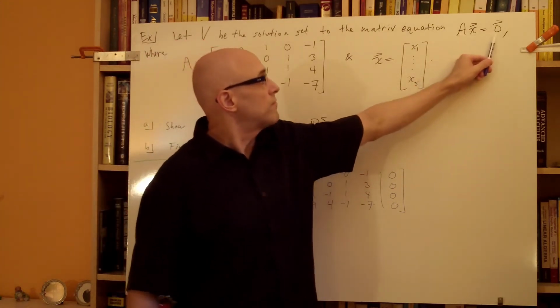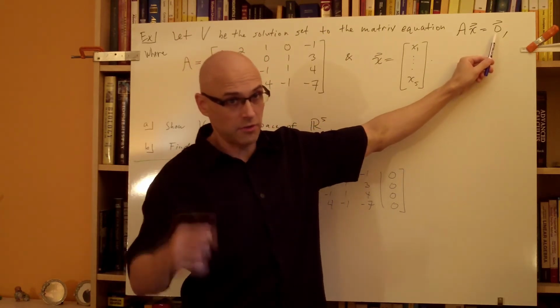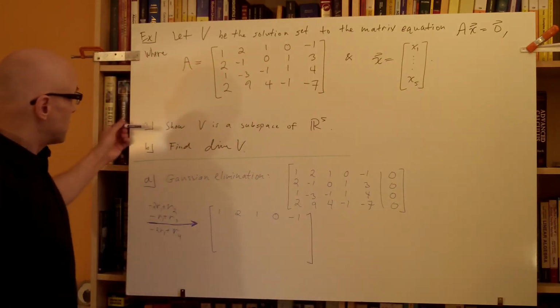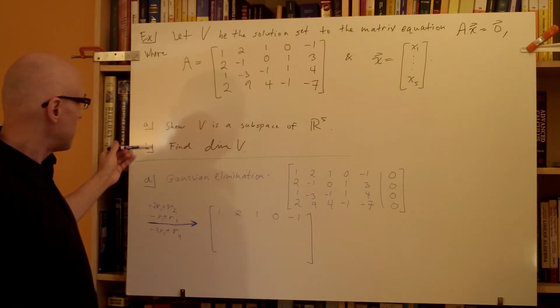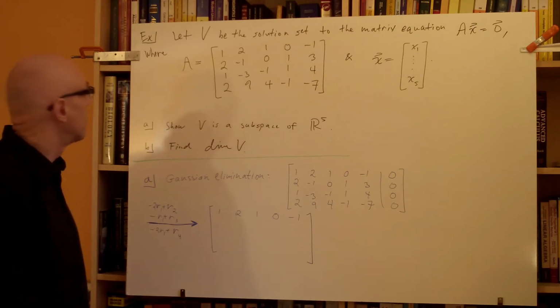So the right side would be the 5 by 1 zero vector, 5 zeros in a column. And we'll do 2 things. We'll show that V is a subspace of R5, and in part B, find the dimension of V as well.